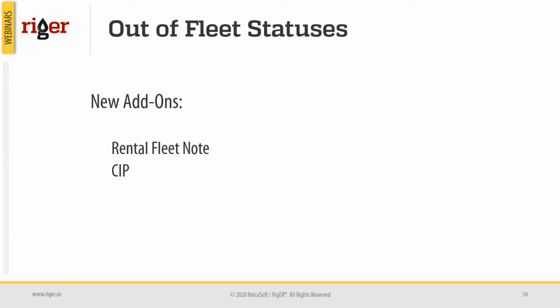We add 2 add-ons: one is the rental fleet node, and another is CIP status, which means construction in progress status. They will be a part of the RigER configuration starting from version 7.1, which will be available at the end of this month.